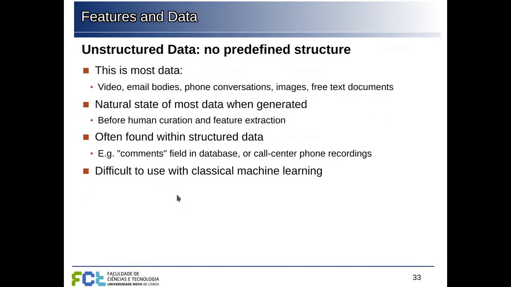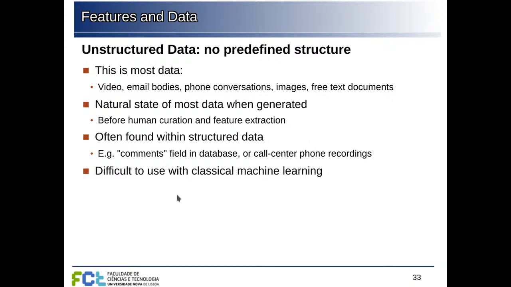But most of the data is probably in unstructured format. This is video, text, audio records, images, things like that, where we don't have a formal specification of what is the meaning of each element, and we cannot easily transform, for example, images into a table because we cannot really tell if they have dogs there or cats or things like that.